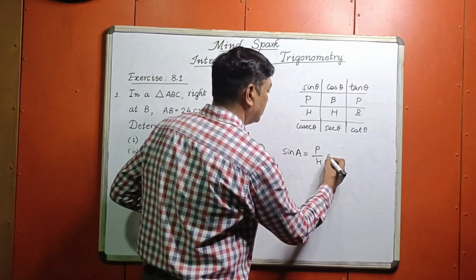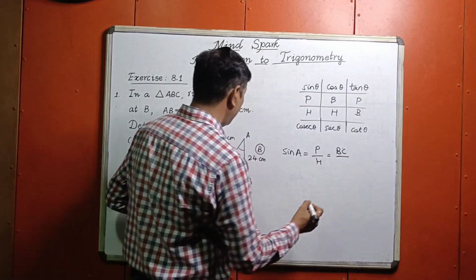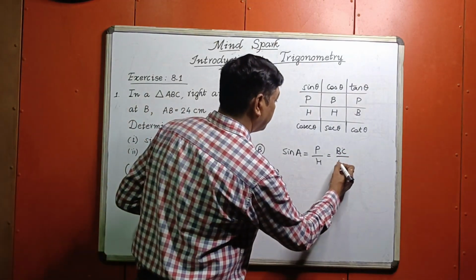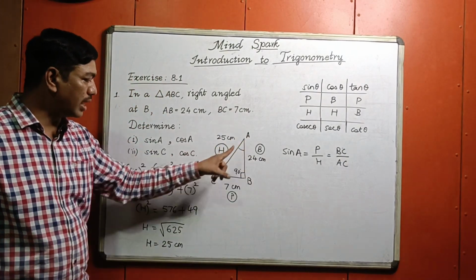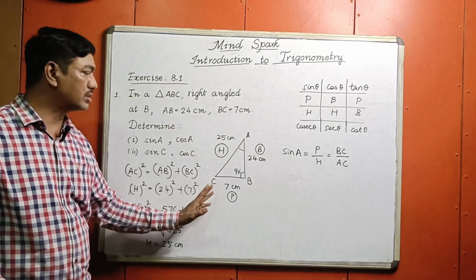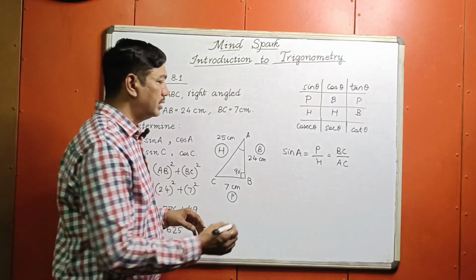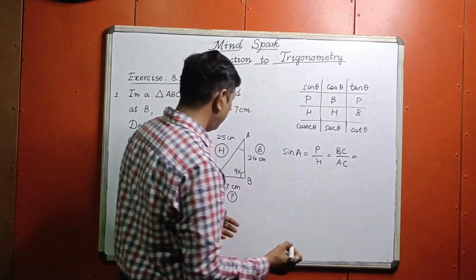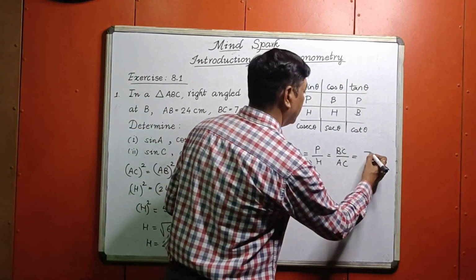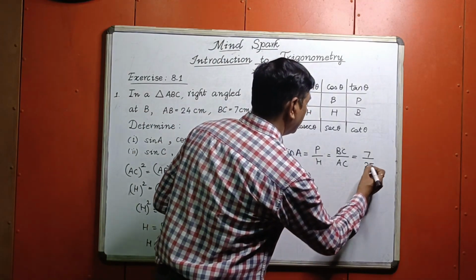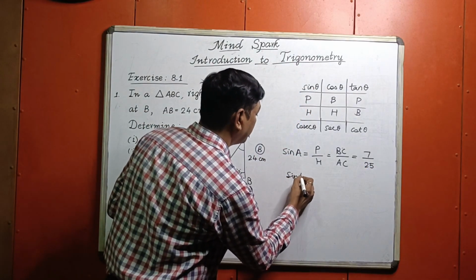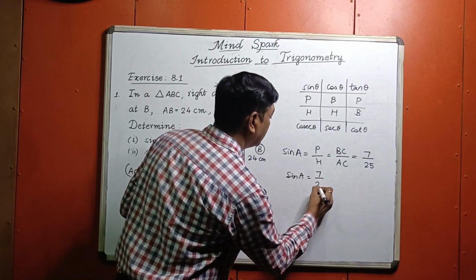So you should write BC by hypotenuse, which is AC. How much is BC? BC is 7. And what is AC? AC is 25. So your answer for sin A is 7 by 25.